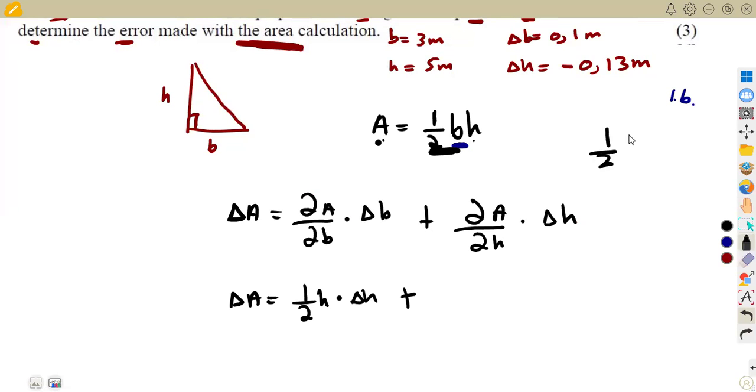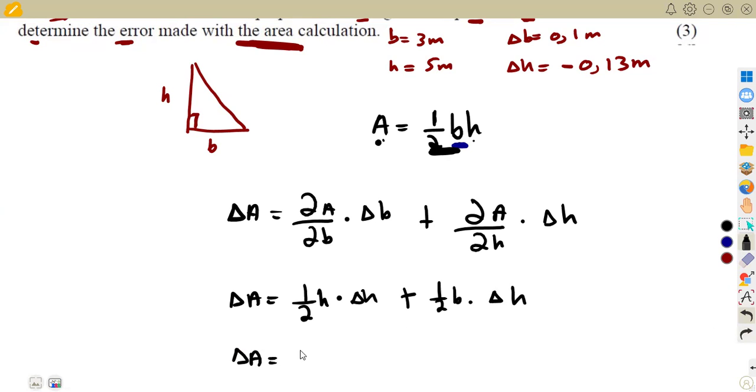So you're going to have half B as a constant times the derivative of H. What do you obtain if you differentiate H? It's a 1. So this will be half B times the change in the height that you're given. So with this information, you can calculate the change in area, or the error that happened in area.